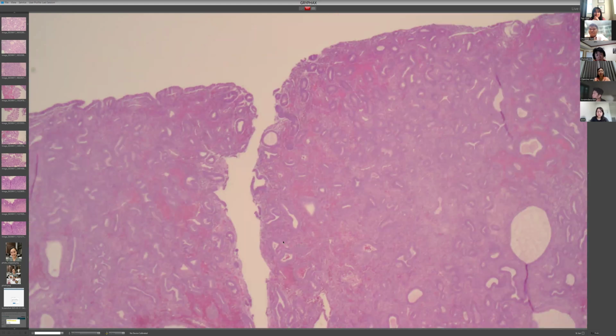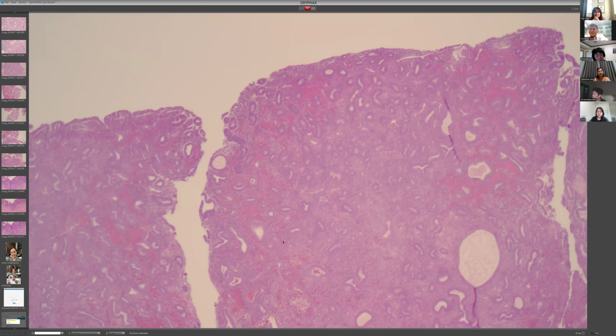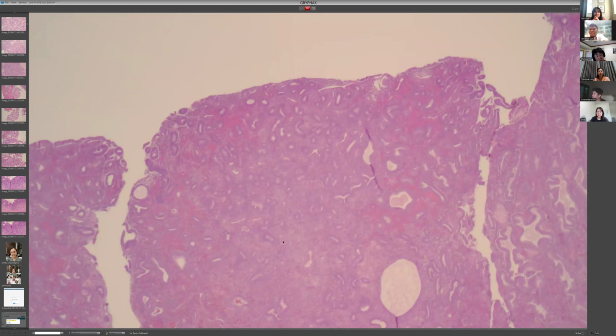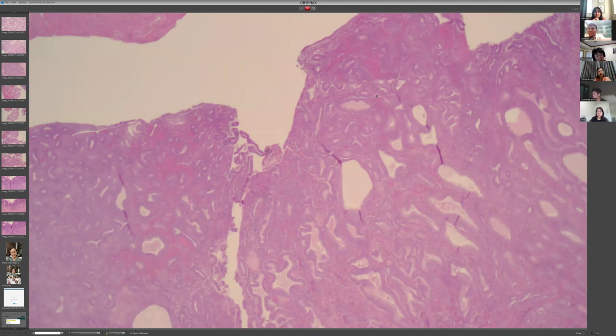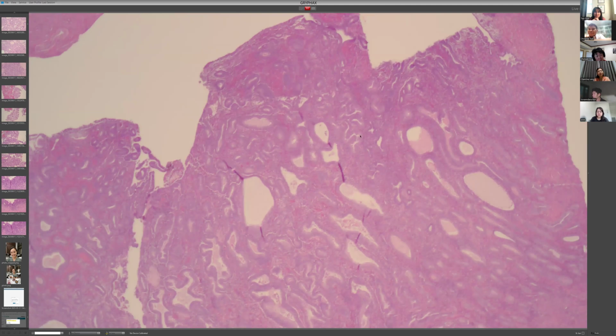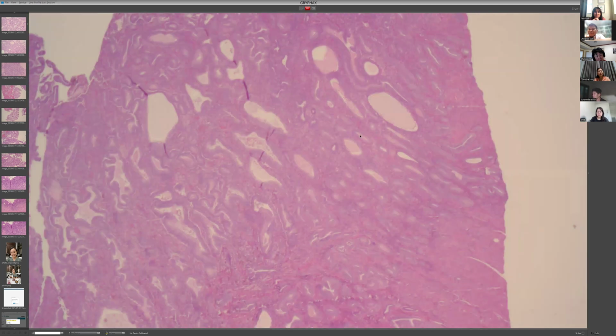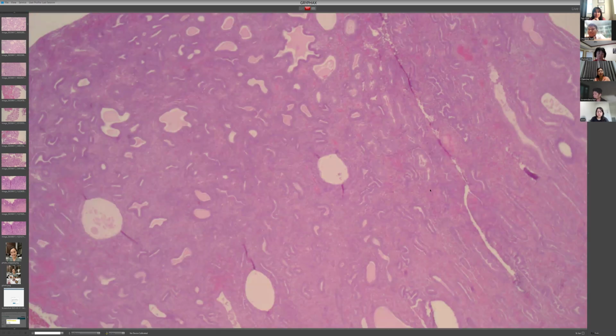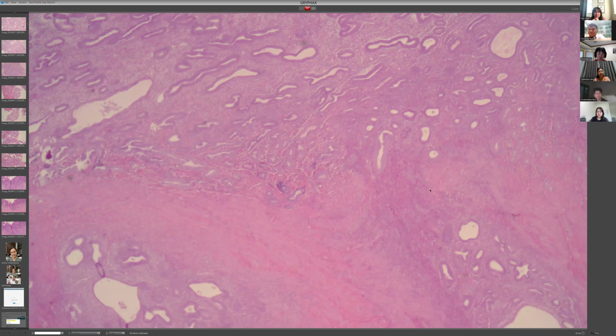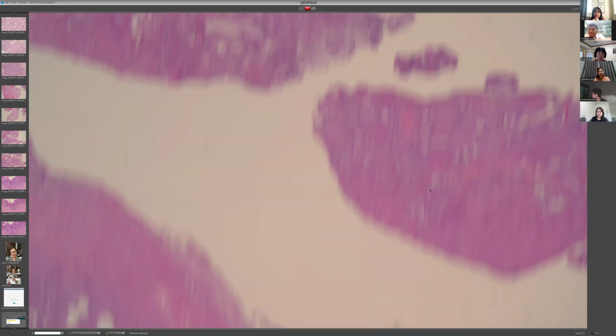Hopefully you can see in low power we have some crowded glands, some getting really back to back, some irregular, some dilated glands. So this is getting into hyperplasia.